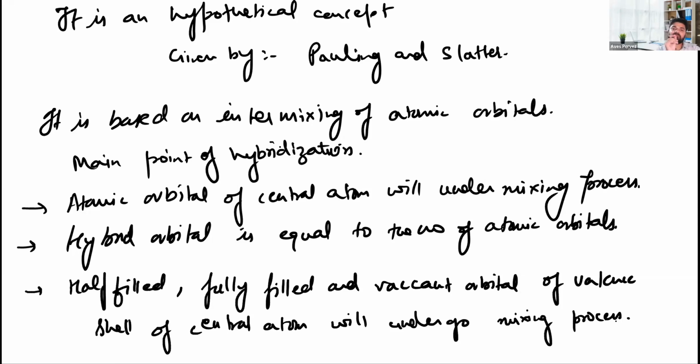If we have 1s and 3p orbitals, they are going to intermix. Then how many new hybrid orbitals will be formed? Tell me.